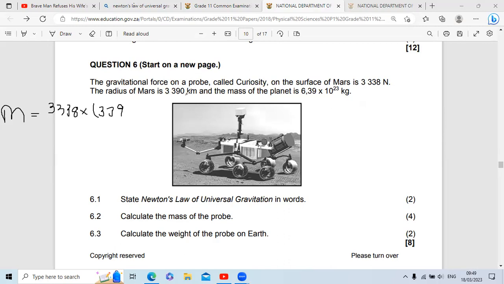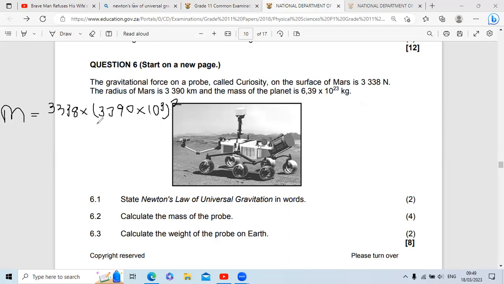So firstly, we're going to convert this into meters. So this is going to be 90 times 10 to the exponent 3. But that doesn't change much because we're still going to end up with the same question.